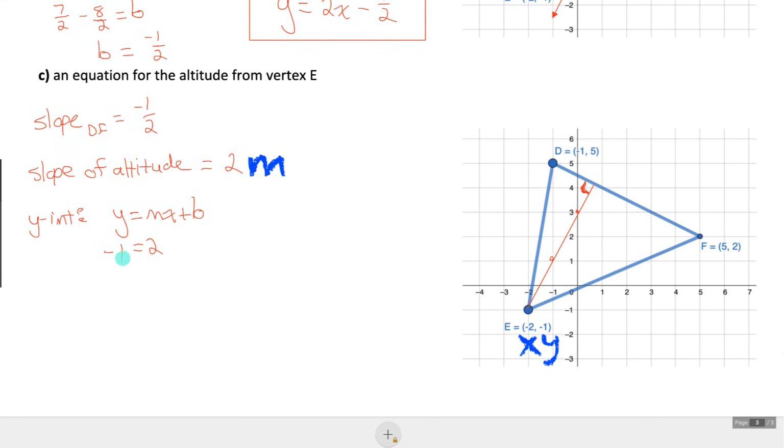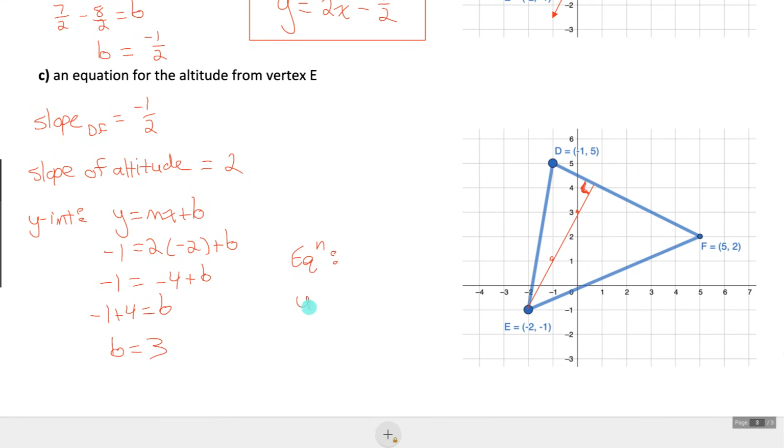So the y coordinate is -1, the x coordinate is -2. I can now solve for b. 2 times -2 is -4. Take that -4, add it to the other side, and my b value is 3. So the equation of the altitude would be y equals 2x plus 3.